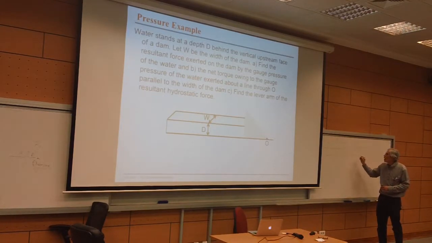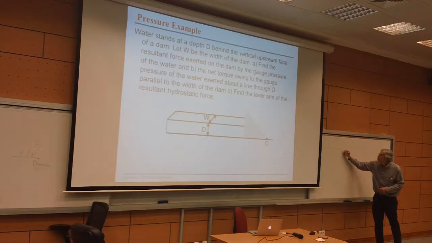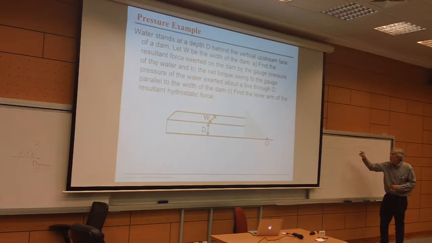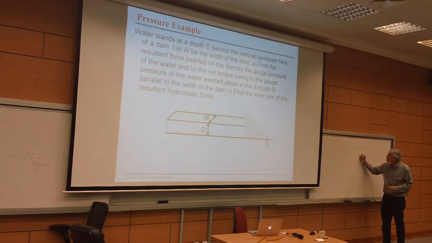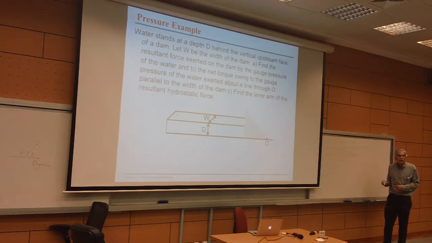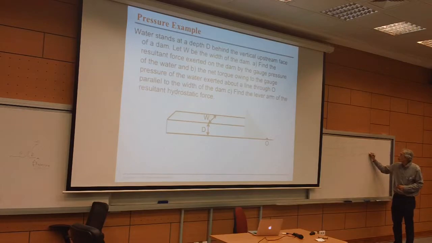So what I can do is calculate dF, the force along that strip. And that is going to be equal to the pressure times dA. The pressure is going to be rho g y, and dA is going to be equal to W times dy.